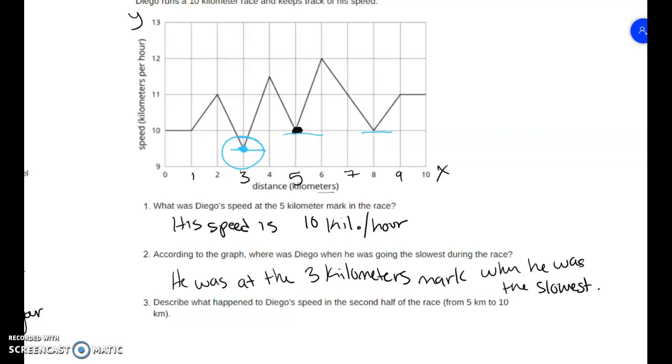So number 3 says, describe what happens to Diego's speed in the second half of the race. So from 5 kilometers to 10 kilometers. So I'm going to start here and I'm going to go over here. We need to include at least what's happening from 5 to 6. We need to include what's happening from 6 to 8, 8 to 9, and after 9.